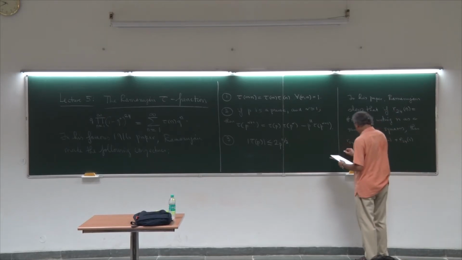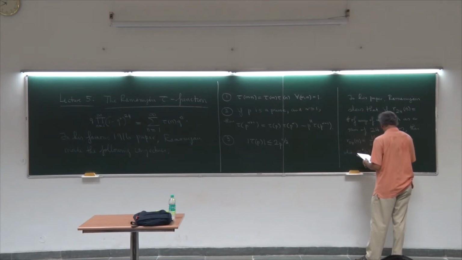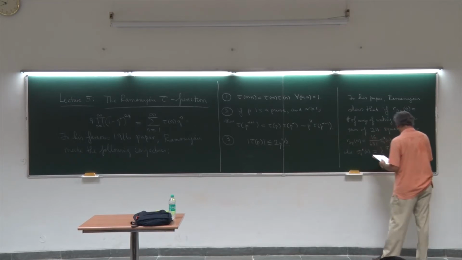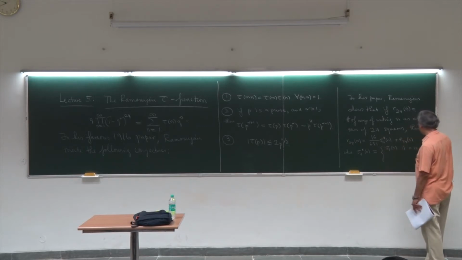where sigma sub v star of n is equal to sigma sub v of n if n is odd. Remember, I introduced the sigma v of n in the previous lecture.